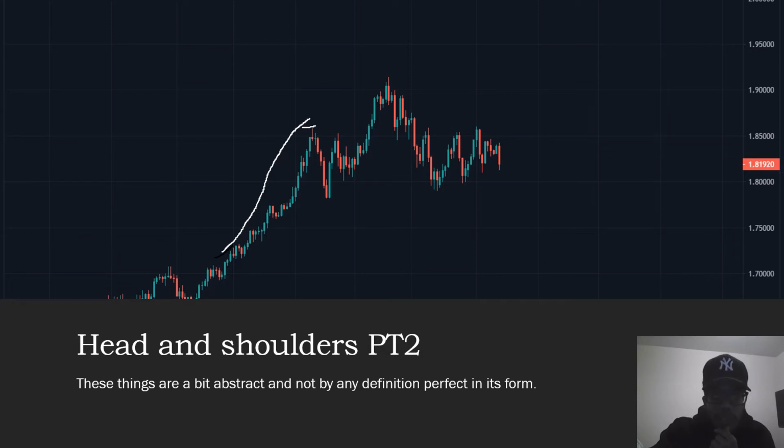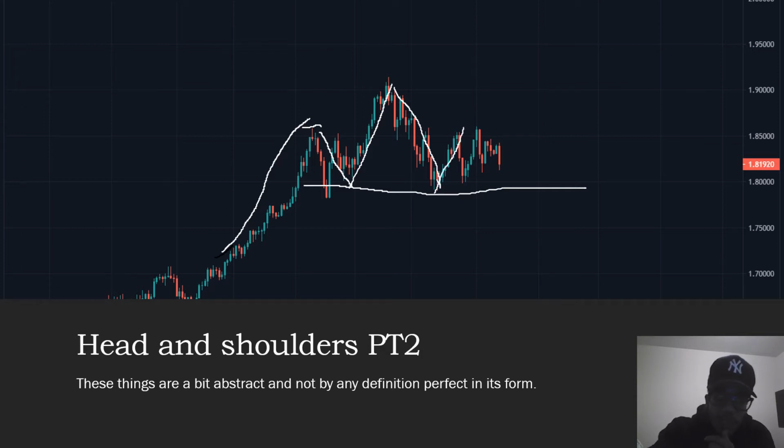creating the left shoulder. Then we have a move downward, starting to create the neckline. Then we have a move upward, creating a head.